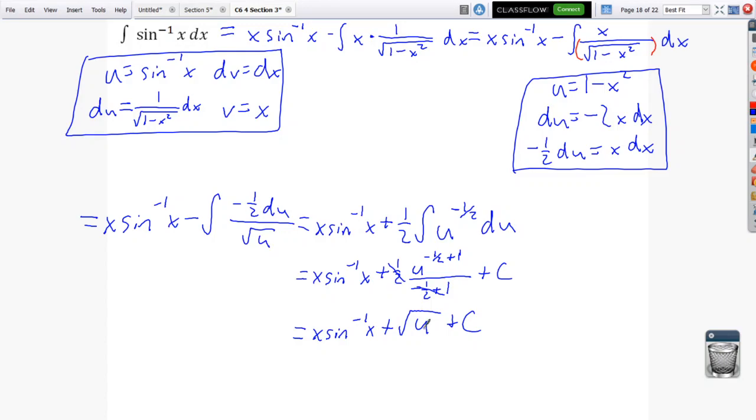I have to go back and I have to sub in my u. Now it is important to remember which u this is. This u is not this u. It is the u for my u substitution. So my final answer is going to be x arcsine of x plus the square root of 1 minus x squared plus c.